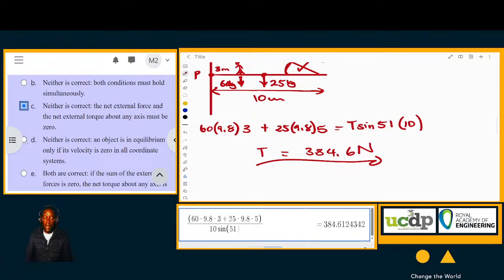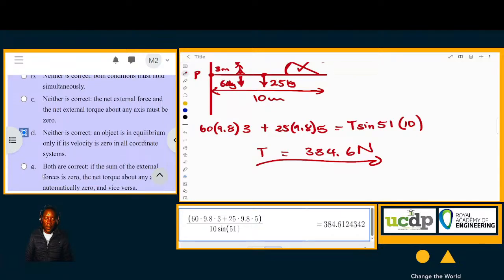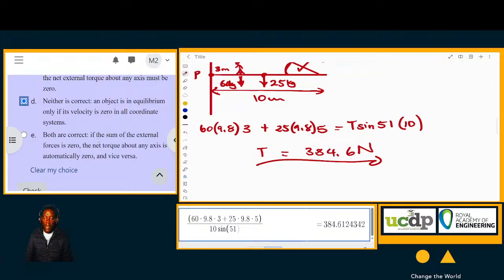D says neither is correct: an object is in equilibrium only if its velocity is 0 in all coordinate systems. And E, both are correct: if the sum of the external forces is 0, the net torque about any axis is automatically 0, and vice versa. Okay, that's a weird one.